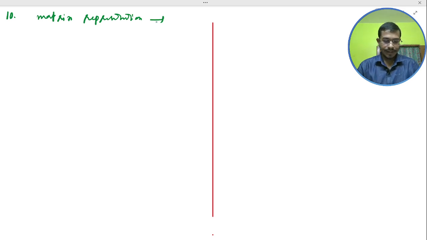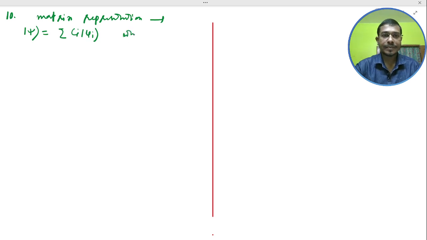Suppose psi can be written in the form of the linear combination of Ci phi i. Ci is a complex number, where Ci is the inner product of phi i and psi. Okay. And the ket psi, the state, is in the orthonormal basis of psi i.